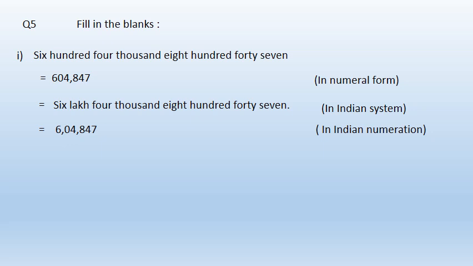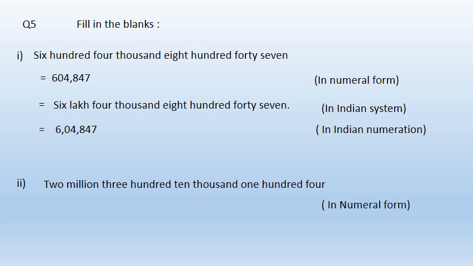Now let's see question number 2. Question number 2 is given as 2 million. When we see million, that means it is the international system. Now how are we going to write it in numeral form here? 2 million. So we'll write 2 and then a comma. The next is given 310,000.